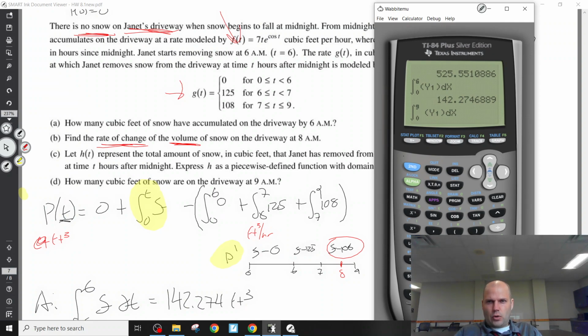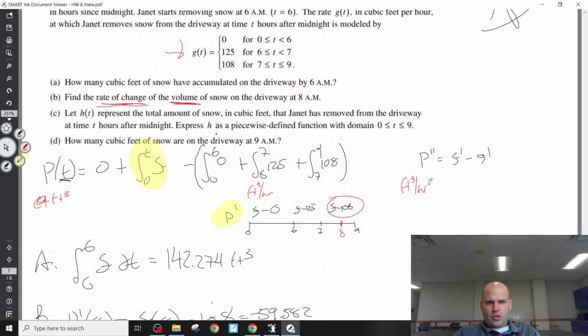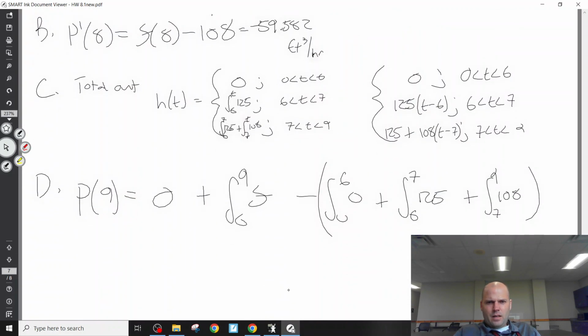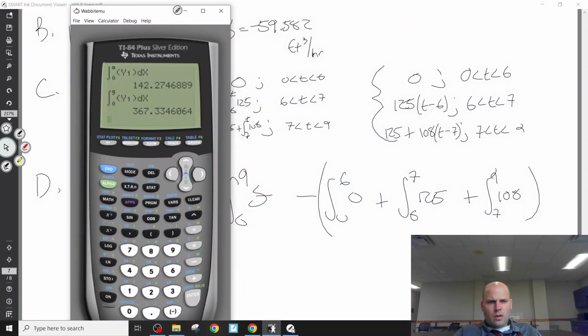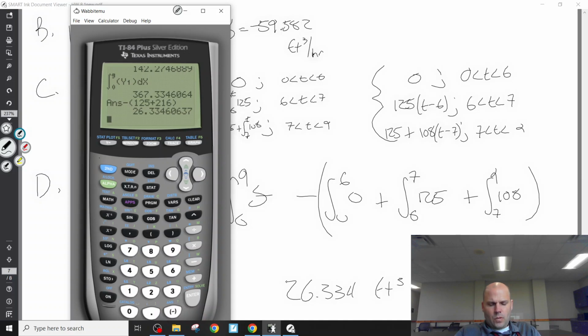All right, so this is the total in. And then again, the total out is literally 125 plus 216. And that's the total amount left, in cubic feet.